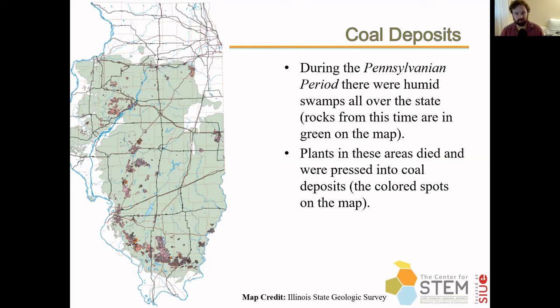When the plant life fell over and fell into the water, if you've been to a swamp, you know the water there is sort of brackish and doesn't have a lot of scum or swamp weeds or anything growing in it. This is an anaerobic environment, and that means that things can't be decomposed the way they could if they fell over in the middle of a field or into another sort of lake or body of water.